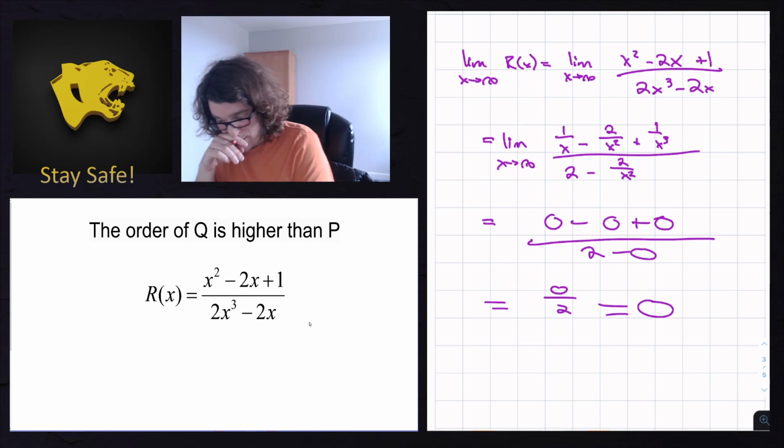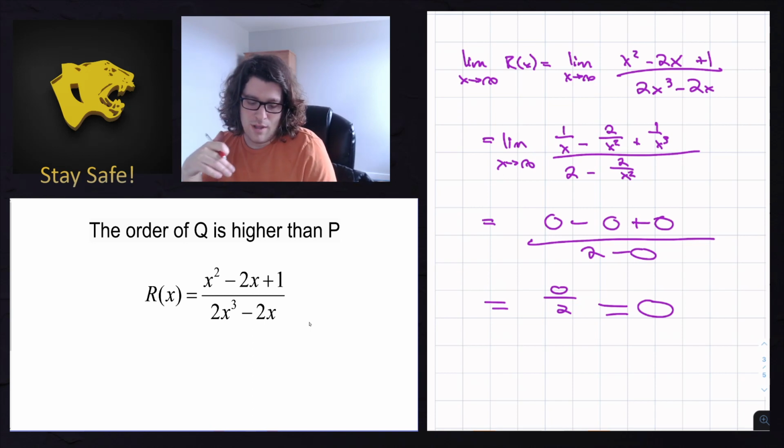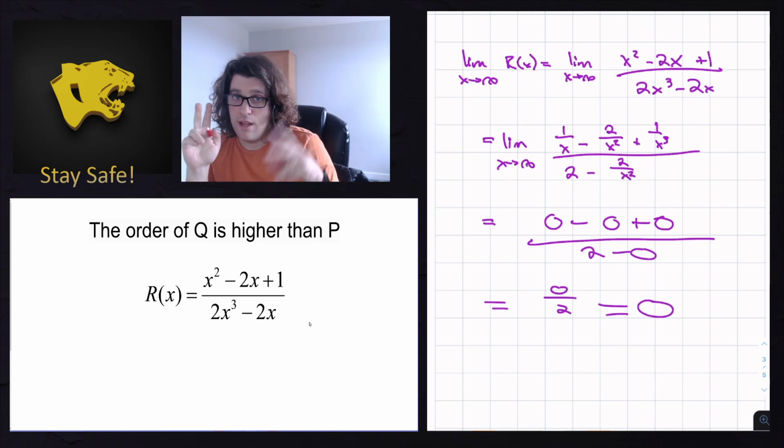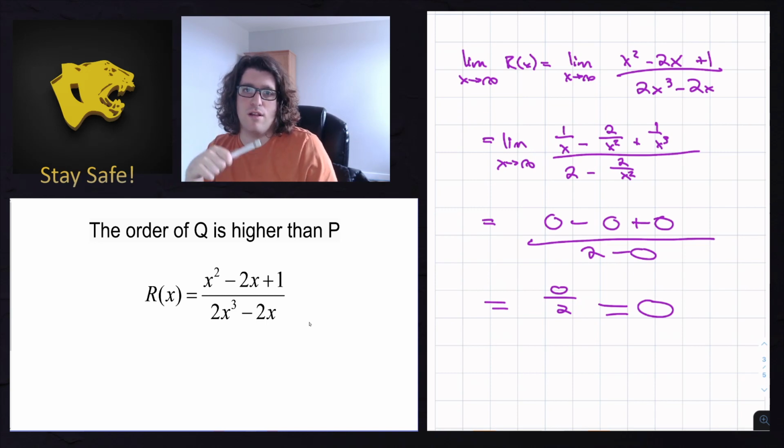Now, because it's 0, the only thing that could change by testing out towards negative infinity is that you would get positive 0 versus negative 0. And that's kind of irrelevant.